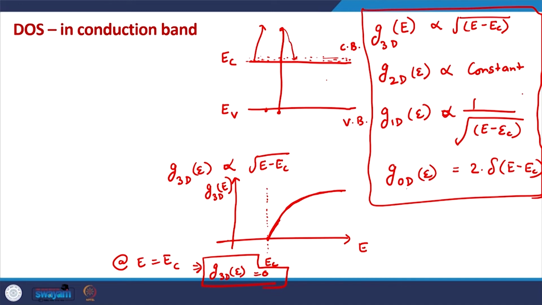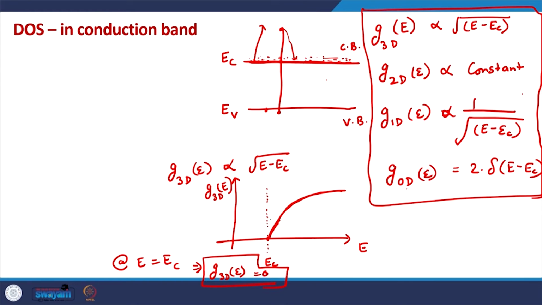But in a 3D channel, and 3D channels are among the most common channels that we use, just at the edge of the conduction band no electronic state exists, and also near the edge very few electronic states exist in this energy range.